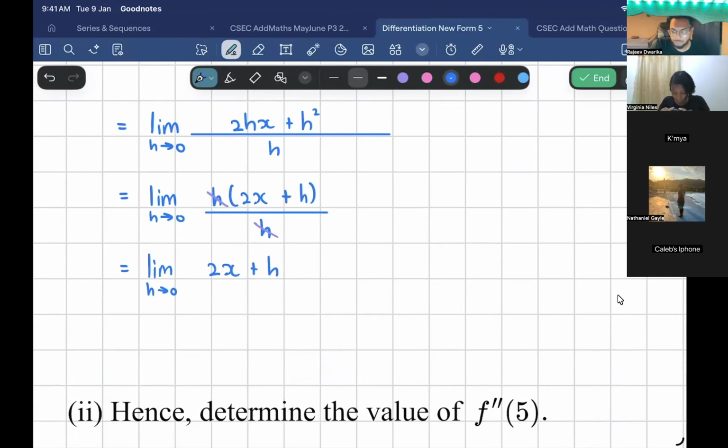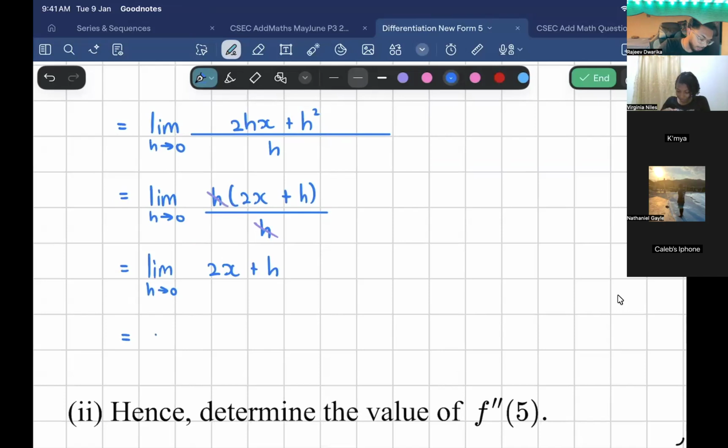What to do next? So we're saying as h approaches 0. So we think I should replace h with 0, because h approaches 0.